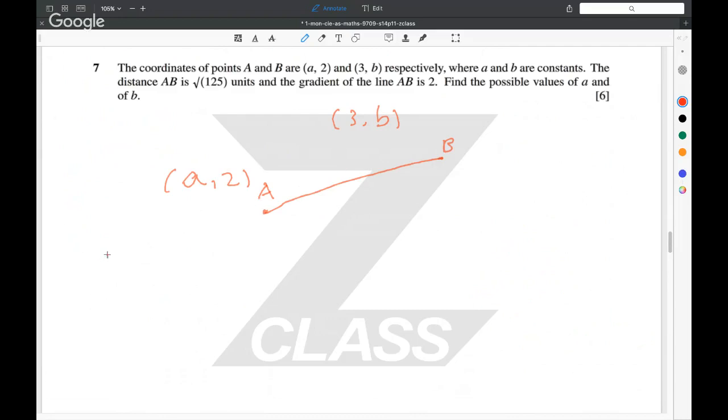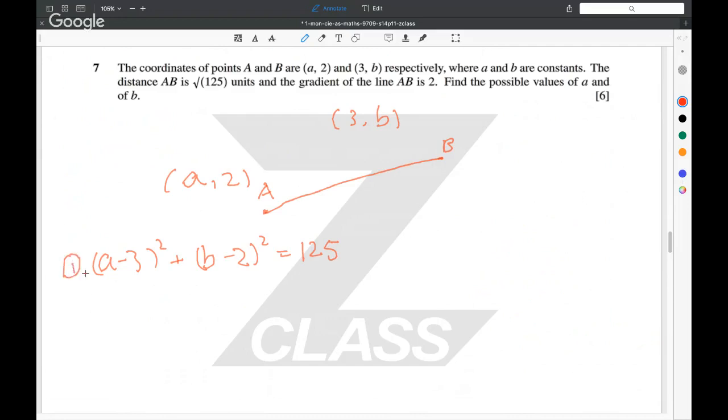That's the same as saying that (a minus 3) squared plus (b minus 2) squared is equal to 125. That's just Pythagoras. The second condition is that the gradient of the line AB is 2.